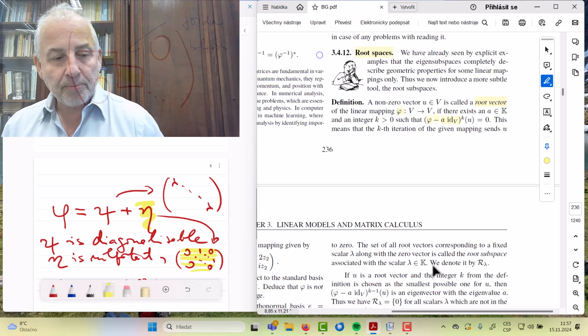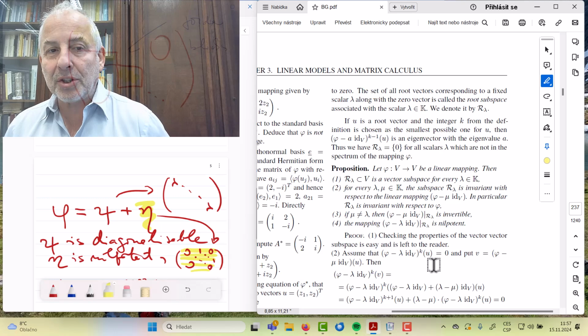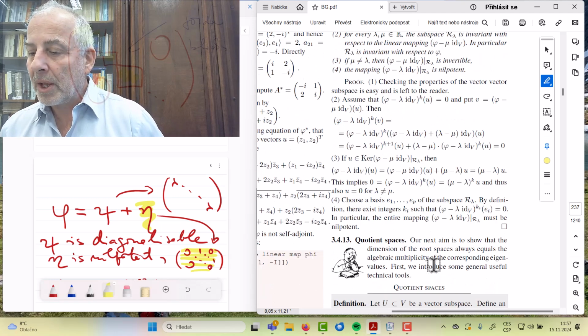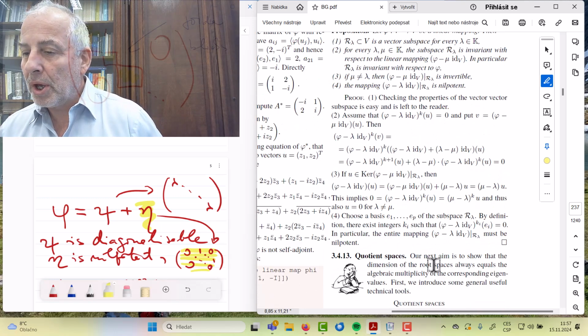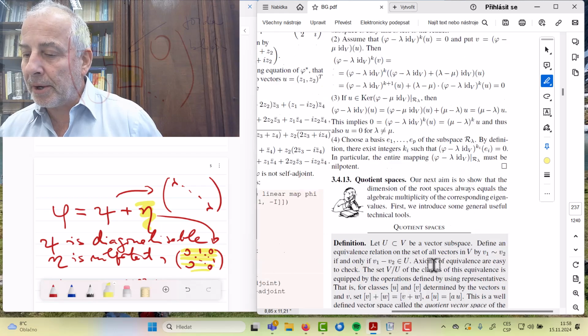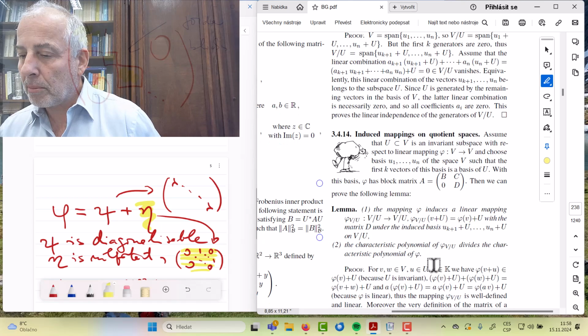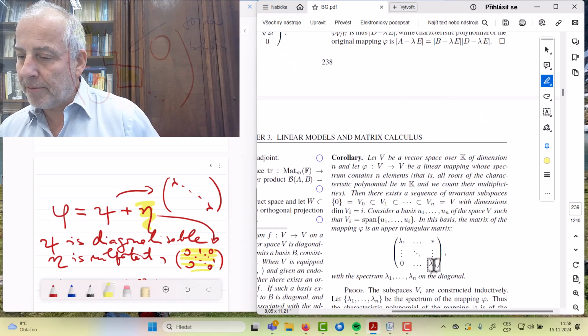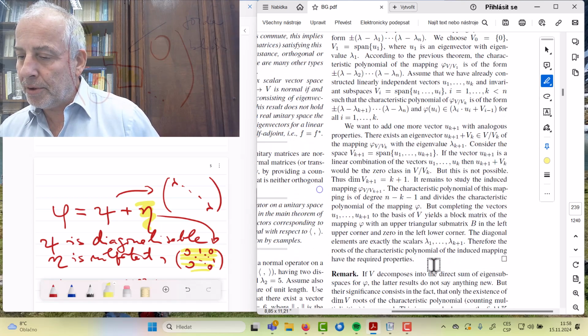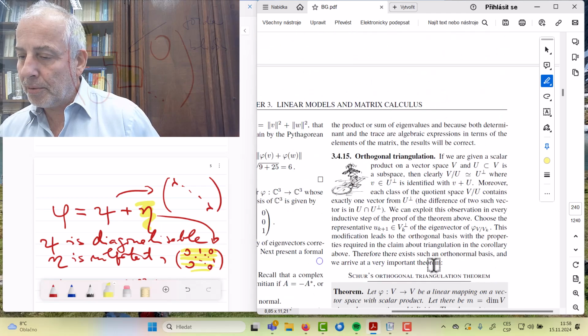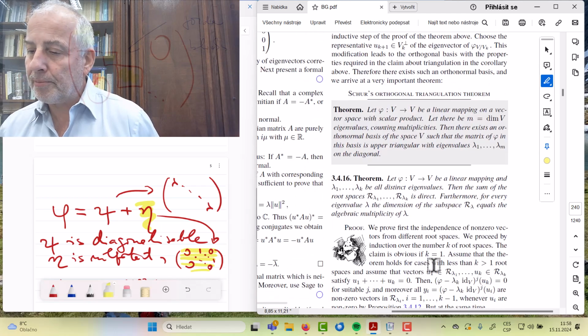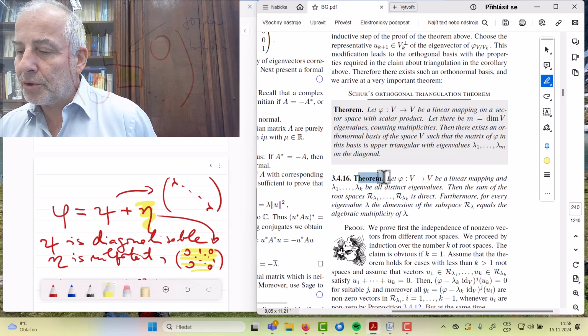And now the crucial but not that easy theorem is saying that, where do I have it? Not here. Here. This is one of the crucial steps on the way.